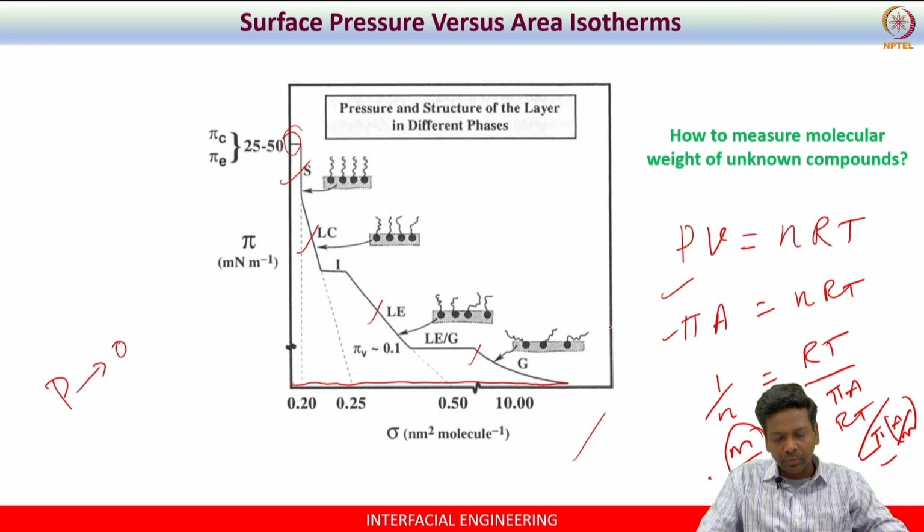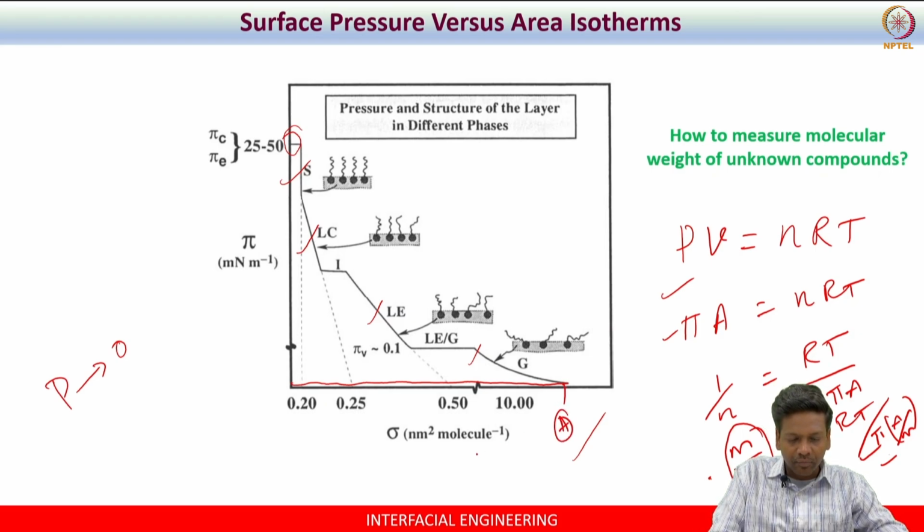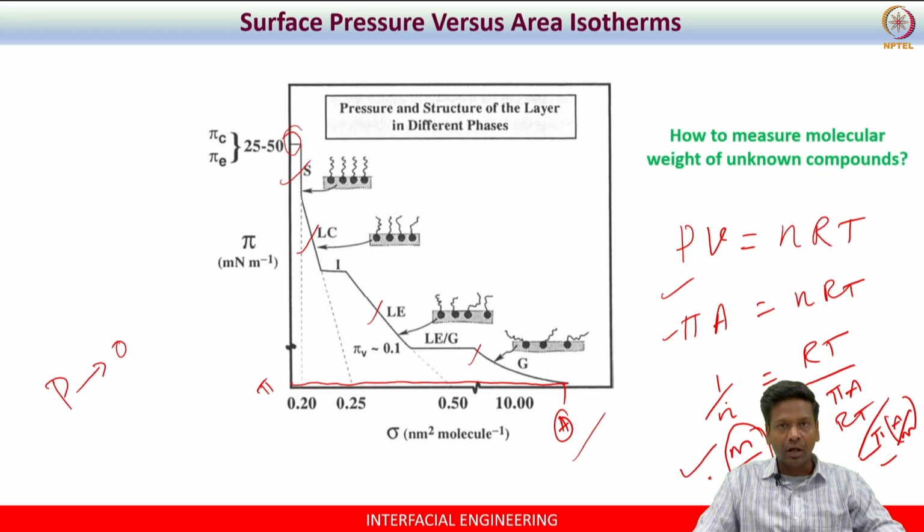When you choose pi very close to 0, the area corresponding to that can be measured, and this data can be substituted here, and you can calculate the molecular weight of the unknown sample. This is one good approach, although you may not get precisely the same as the chromatographic technique, but this can be a complementary technique to measure the molecular weight of the unknown compound.